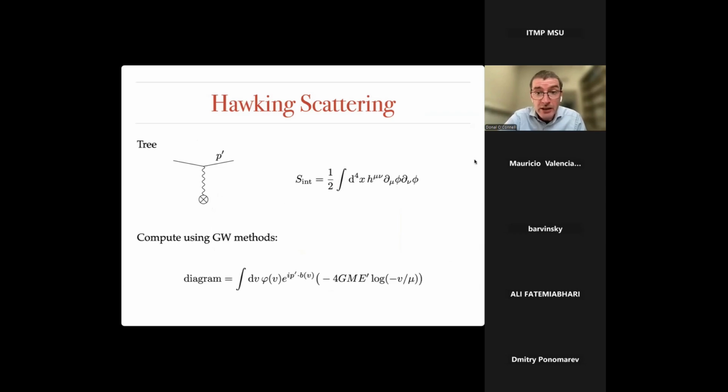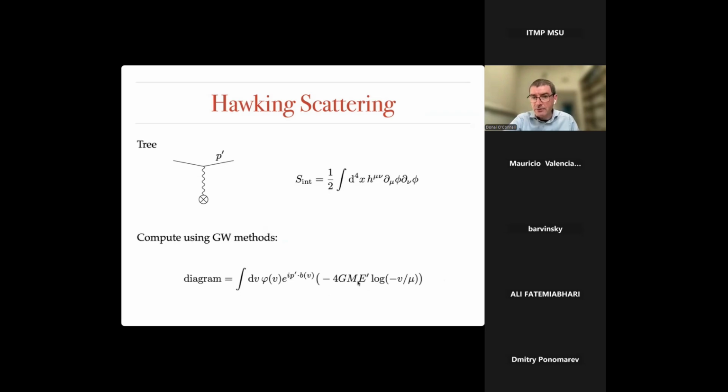Okay, well, the tree diagram involves just one insertion of the interaction action. There are various integrals to be performed, and we found a route to performing these integrals which was convenient. In the end, you find that this tree diagram evaluates in the following way. There's the integral over this wave packet, phi of v. Here's that time-like impact parameter, but now the p prime here is supposed to be the energy when the particle is getting out.